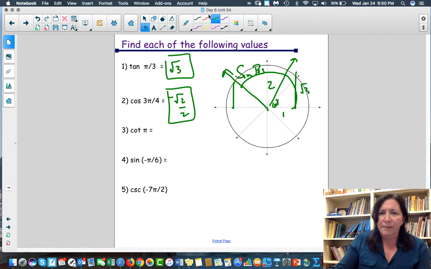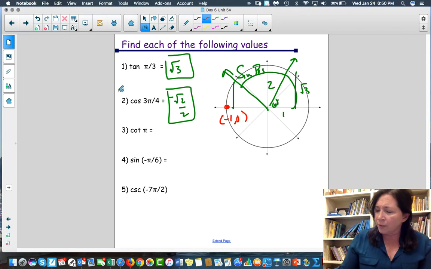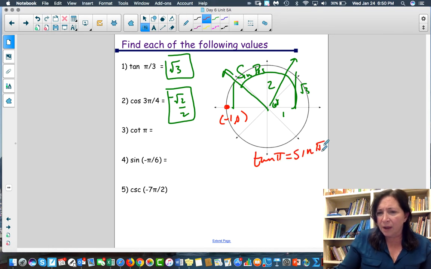Cotangent of pi. Now this one's a little bit tricky. Here's pi. Pi is -1, 0. Now we haven't done any graphing yet, so I would show you on graphing what this looked like. But remember, tangent of pi is equal to sine of pi divided by cosine of pi.